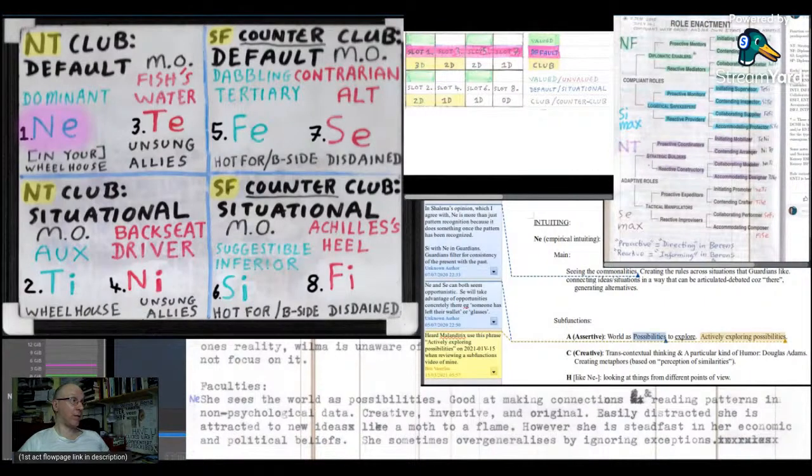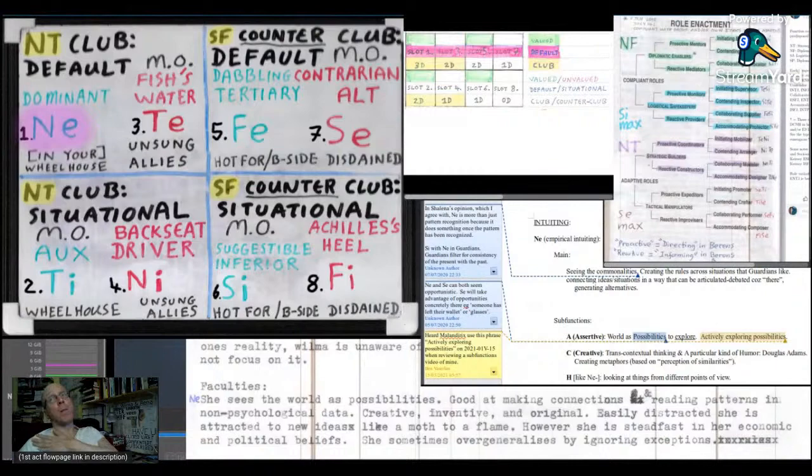It's an NT function. So first of all, a key concept to understand is what is extroverting, what is introverting, what is a default mode of operation, modus operandi, and a situational modus operandi.